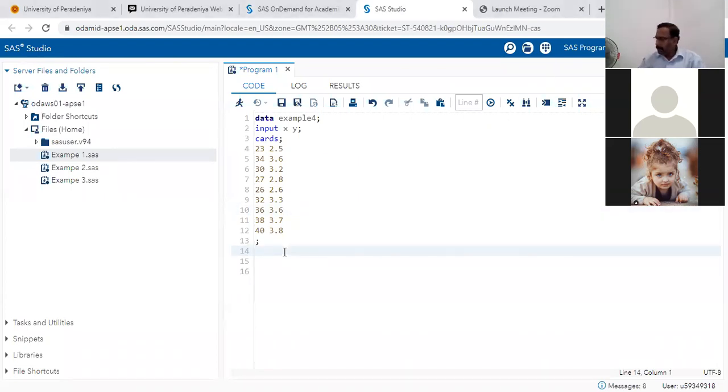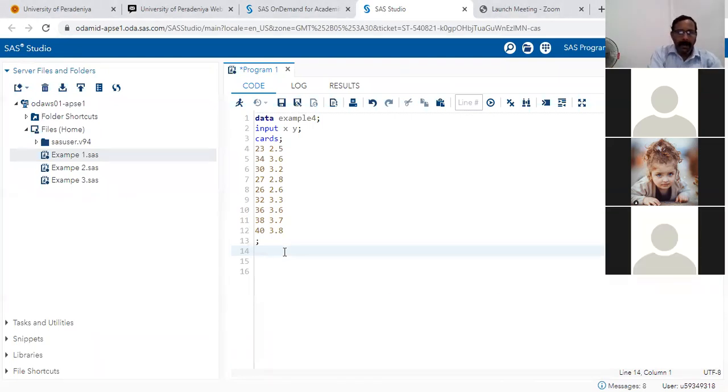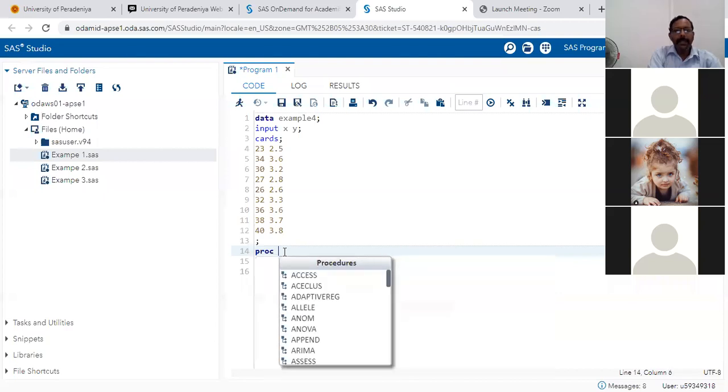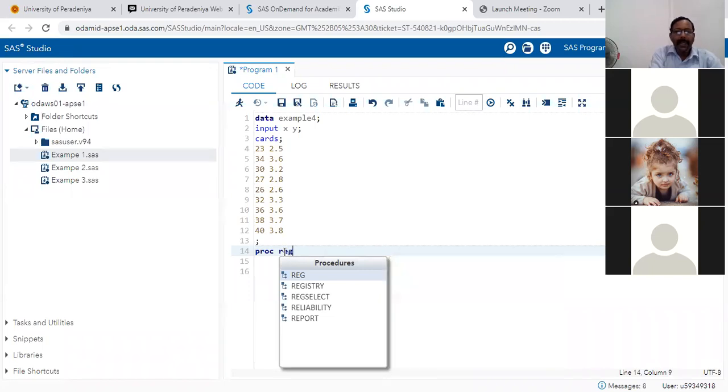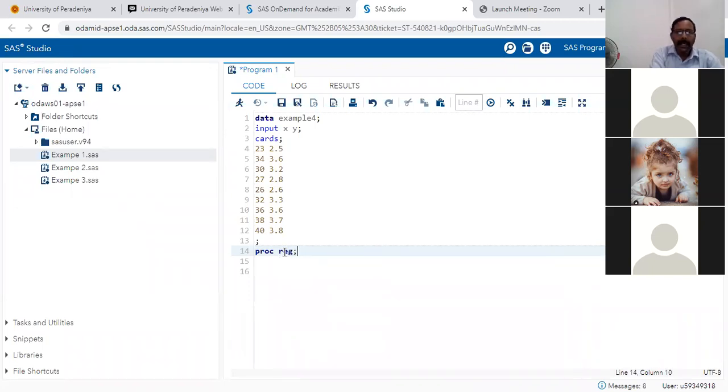Can you all hear me? Yes, sir. Proc. This is the procedure for regression. We simply say REG. That is more than enough. We don't need to say proc regression.